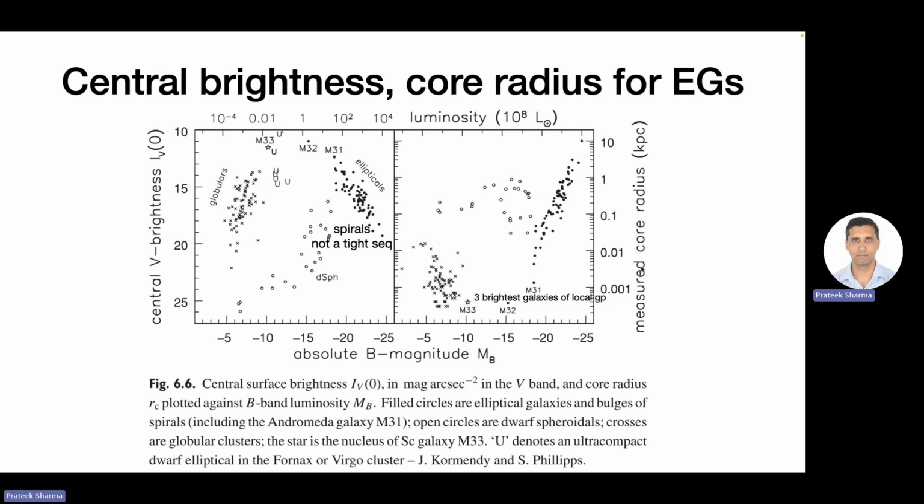There is also something called the effective radius, which is the half-light radius. The effective radius is the radius within which you get half the light of that system. The outer parts of these galaxies are extremely diffuse, so measuring within what radius you get half the light is tricky.